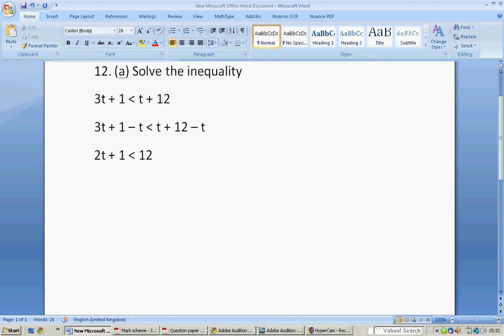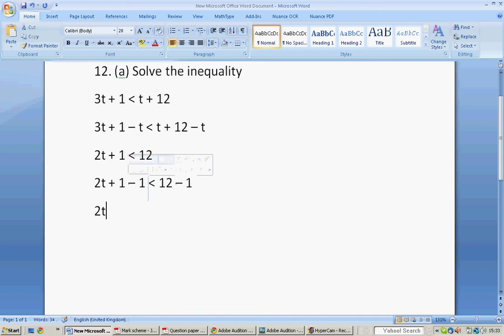The inverse of plus 1 is minus 1. So 2t plus 1 minus 1 is less than 12 minus 1. We subtracted 1 from the left because we have plus 1 here, turning it into 0. And we do the same to the right as well: minus 1.